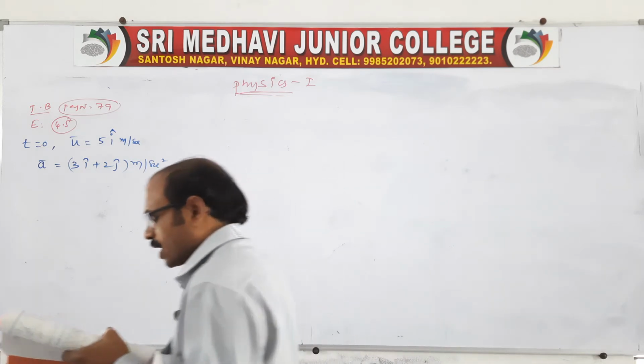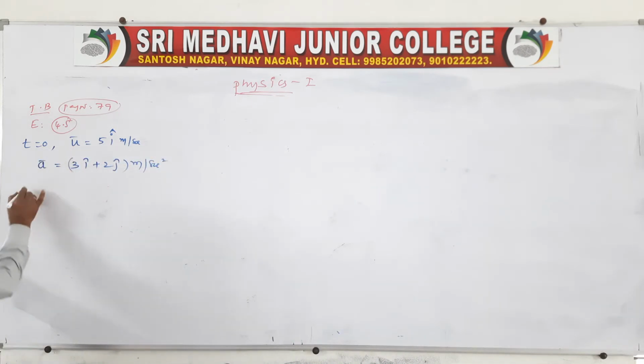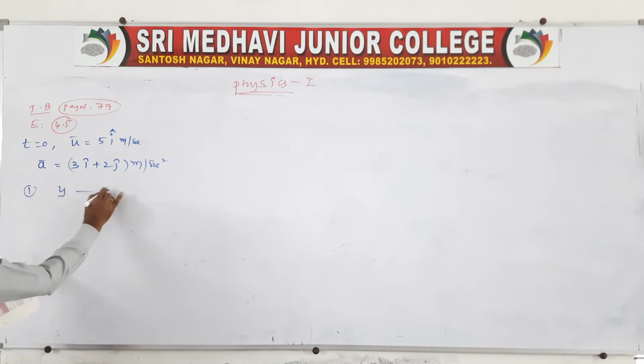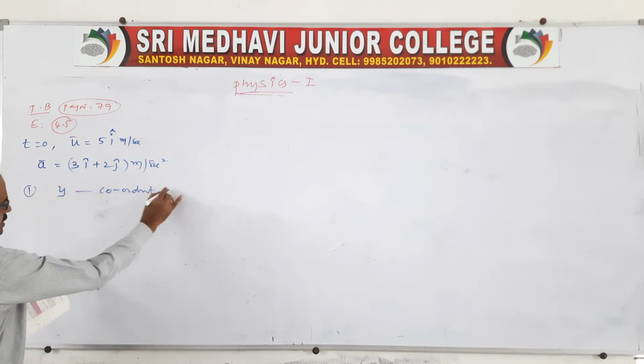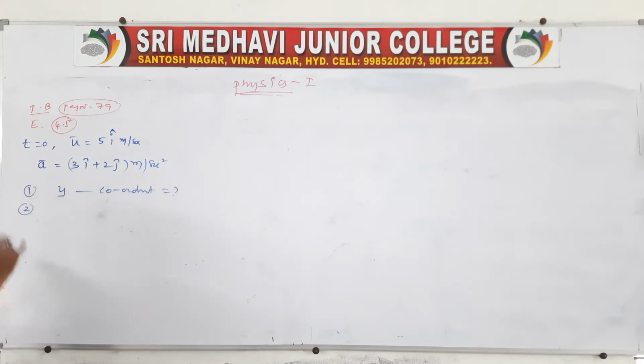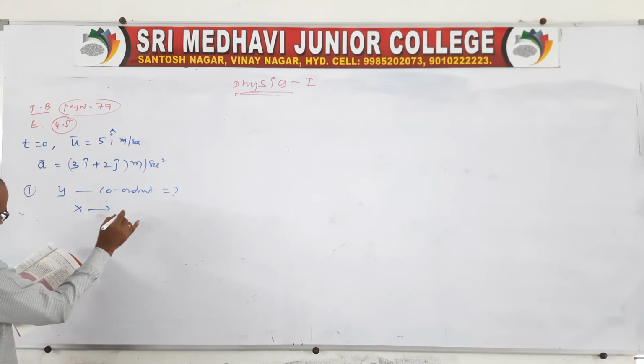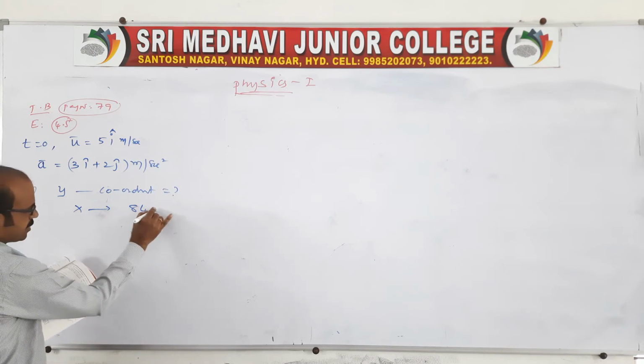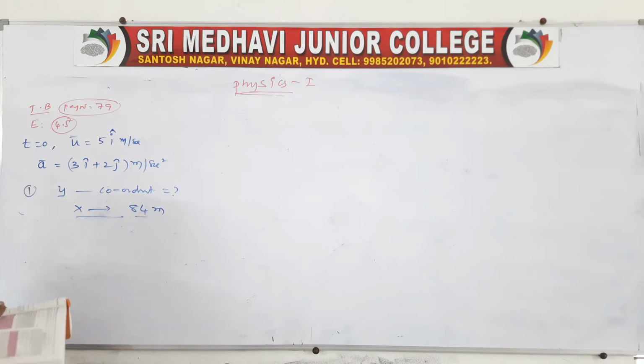Then what is the y coordinate of the particle at the instant the x coordinate is 84 meter? Second, what is the speed of the particle at this time?